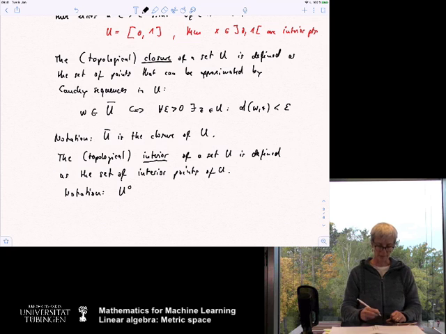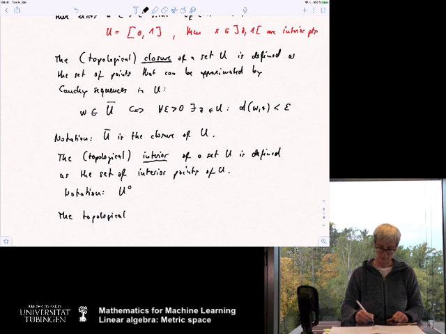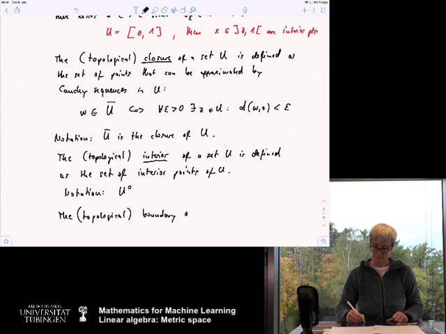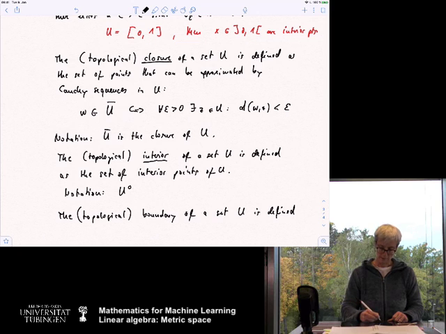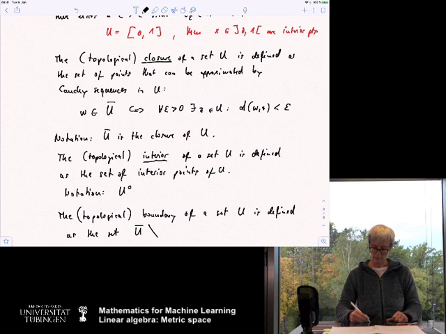And now we can finally say what is the boundary. The topological boundary of a set U is defined as the set U bar, the closure, without U circle.